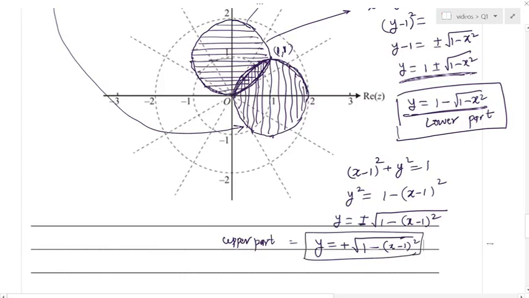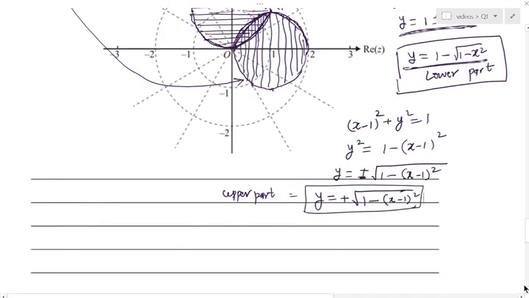Okay, once we have identified what functions to use for finding this area, finding the area itself is really straightforward. You need to just recall your concepts of integration.